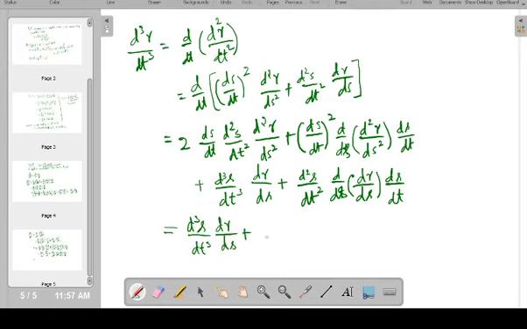Plus, now let us take the d square s by dt square terms. Here there is one, and here there is one: d square s by dt square into d square gamma by ds square into ds by dt.